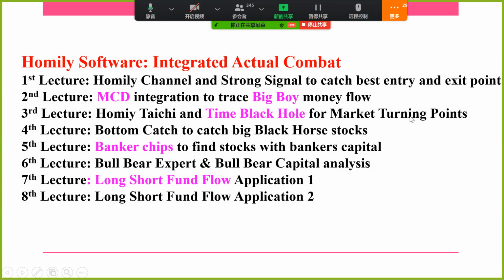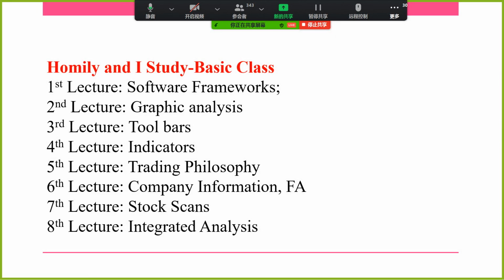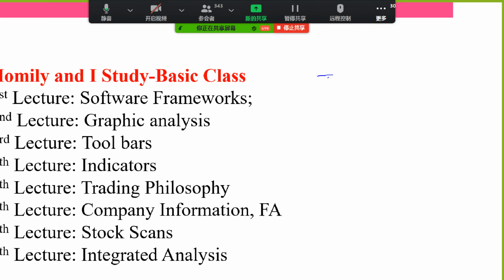And also learn the high level, like the MCD, you see MCD, and 10 black hole, and the long short fan flow. We have so many indicators. But remember, every time before you learn any indicator, you need to know whether this one is for forecasting, or is alert, or is a trading system.